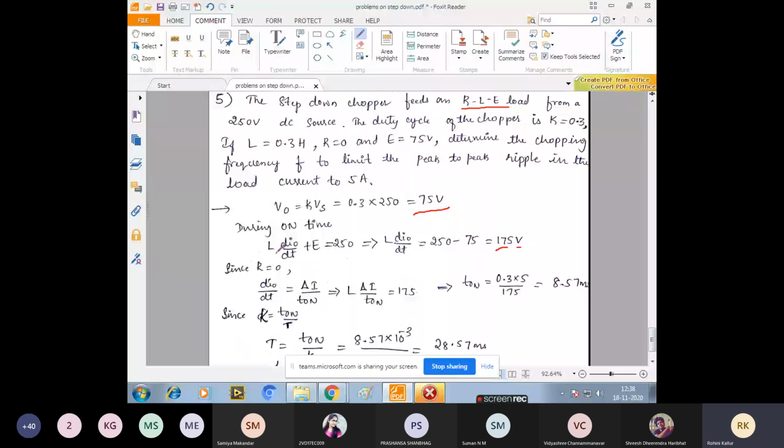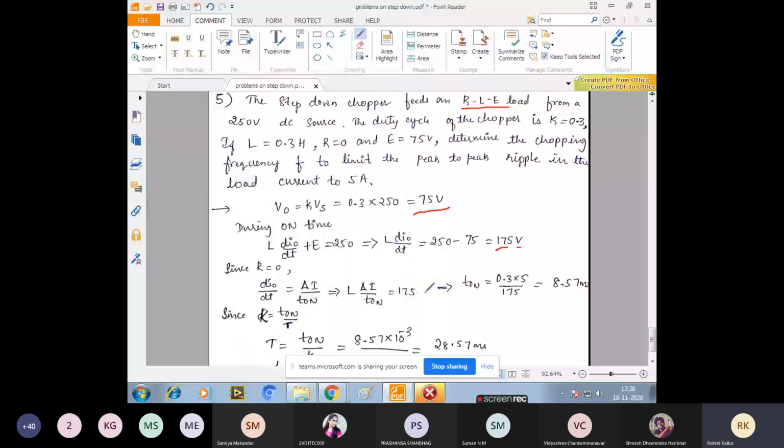Okay. And we assume that R is equal to 0 because it's mentioned in the problem. So di0 by dt is equal to delta I divided by T on. Okay. So we can also equate this to L into delta I divided by T on is equal to 175.